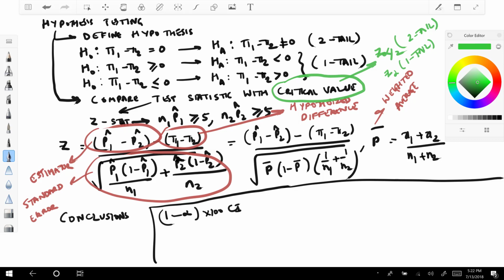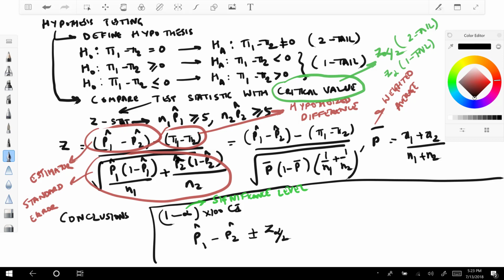Again, alpha is the significance level. So the formula for the 1 minus alpha multiplied by 100 confidence interval is given by p1 hat minus p2 hat plus or minus z alpha over 2.